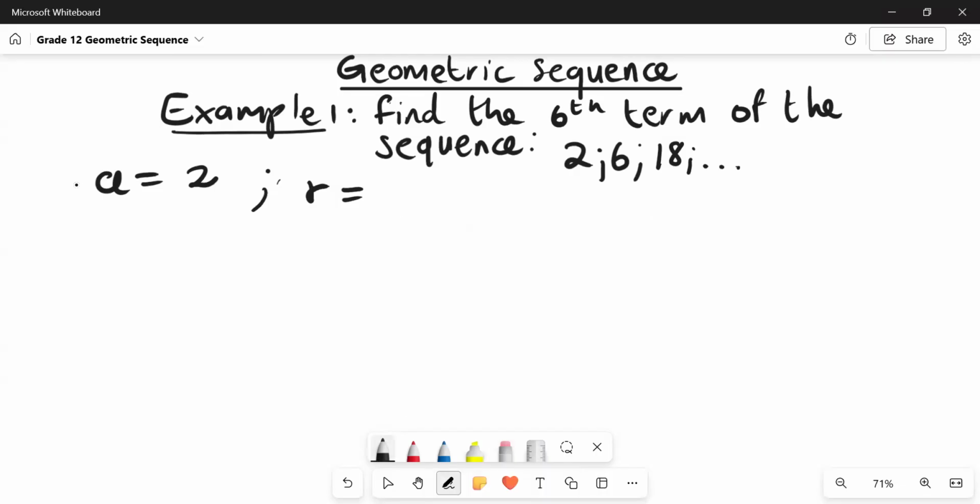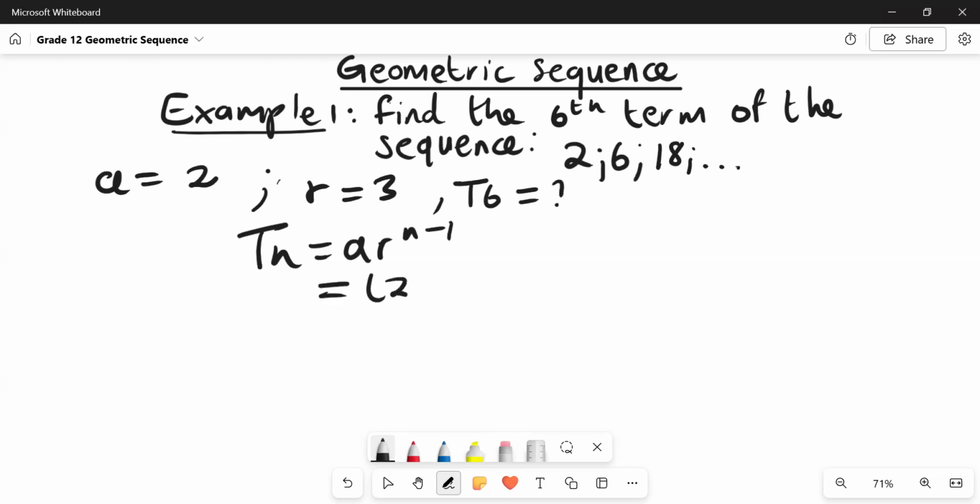Now we're looking for T6. That's an unknown, right? So let's look for our T6. We have Tn equals A R^(n-1), using the general formula, where A is 2, R is 3.